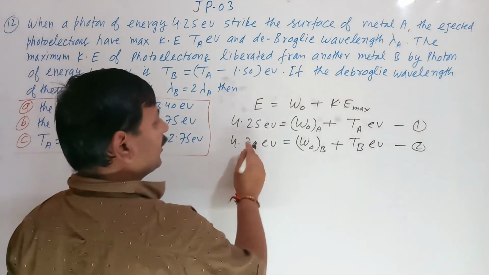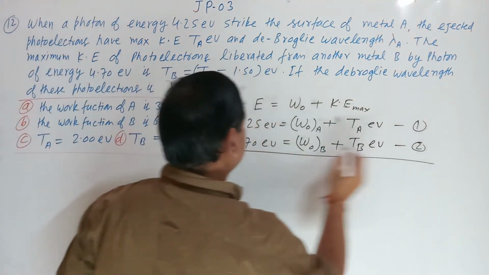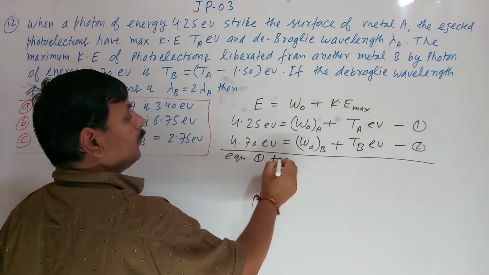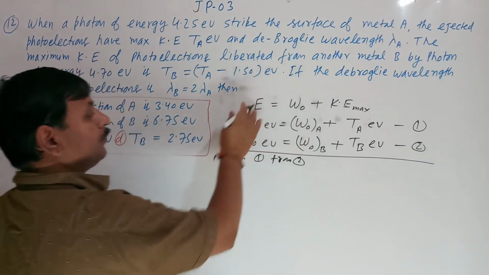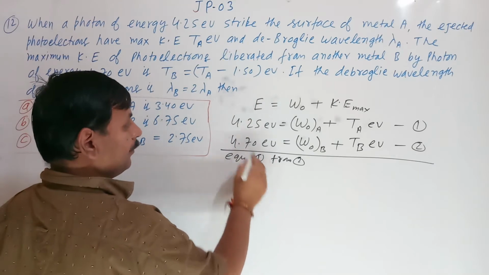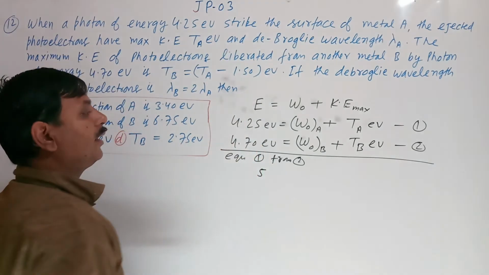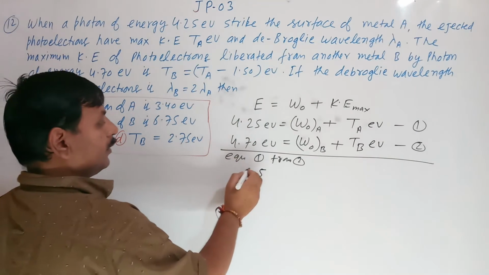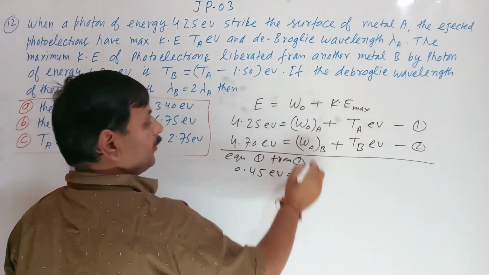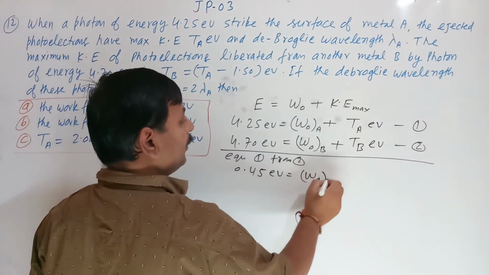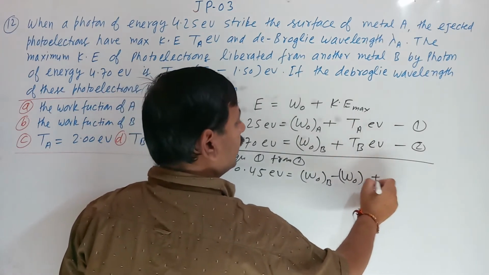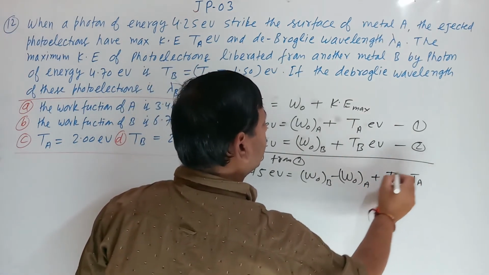What happened if you are subtracting equation 1 from 2? 4.70 minus 4.25, that is 0.45 eV, is equal to W naught B minus W naught A plus TB minus TA eV.